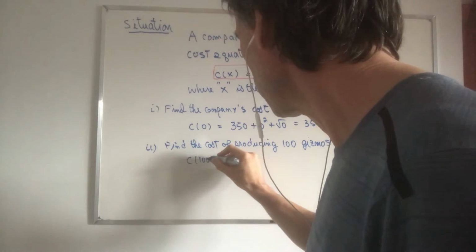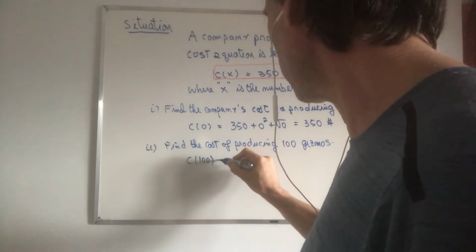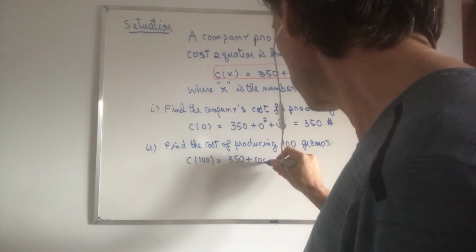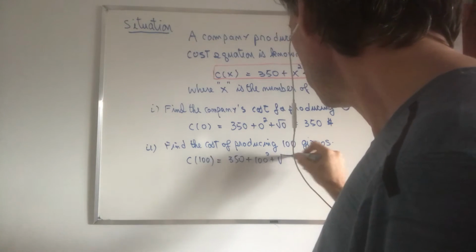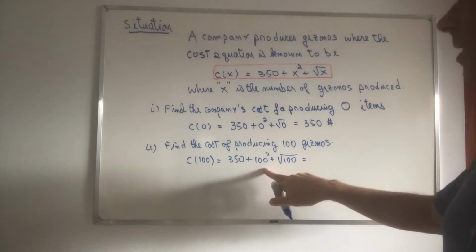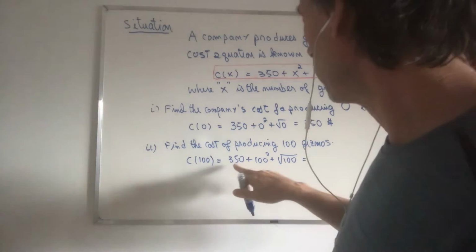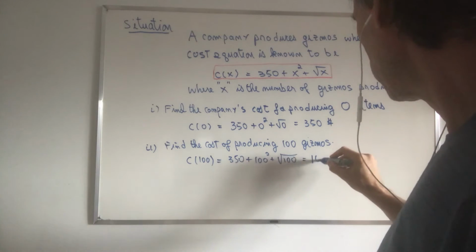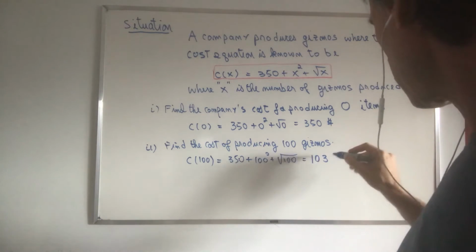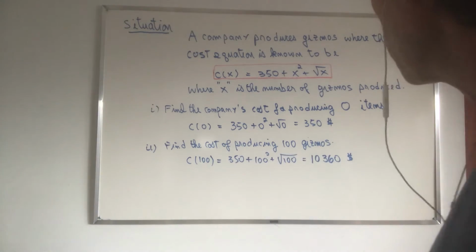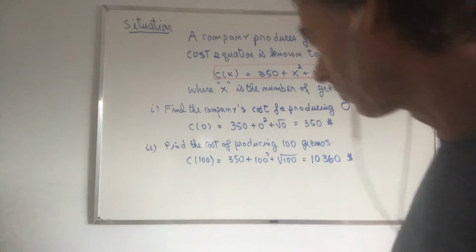So C of 100 is going to be 350 plus 100 squared plus the root of 100. Well, that's what, 10,000. So 10,350 plus 10. So 10,360. That's your cost of producing 100 gizmos.